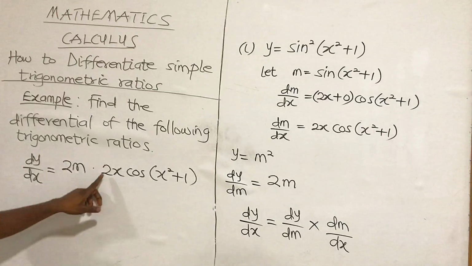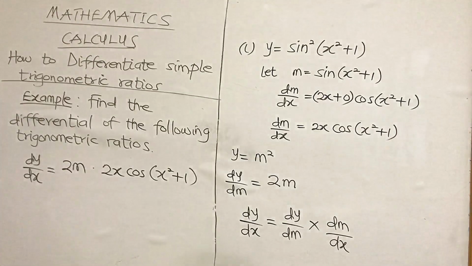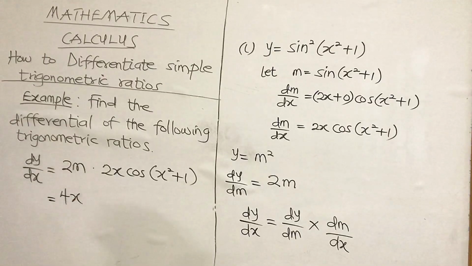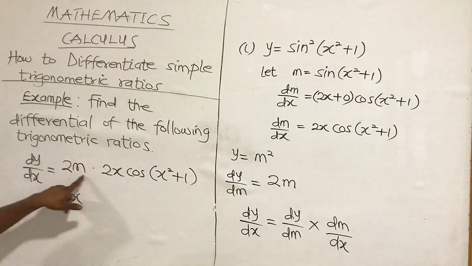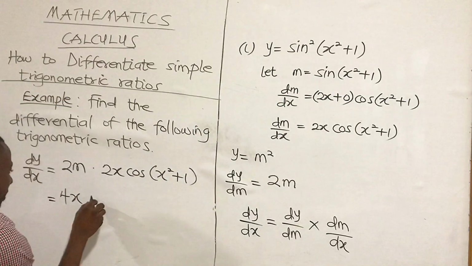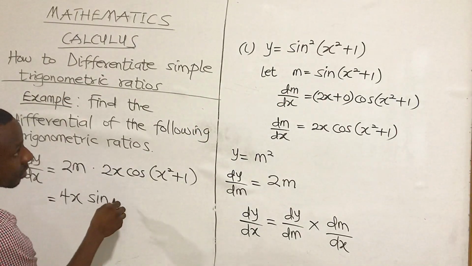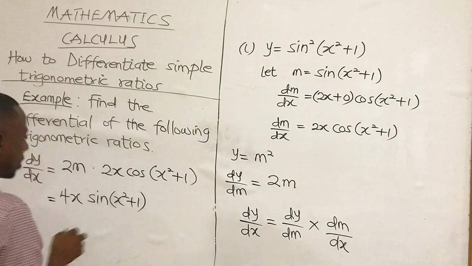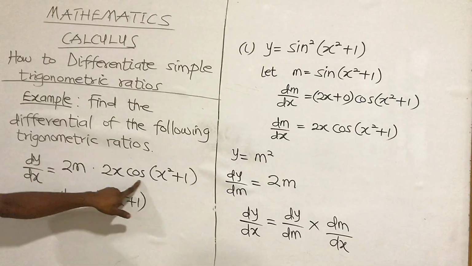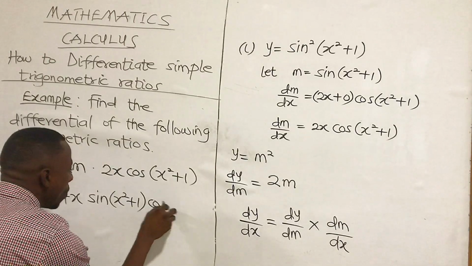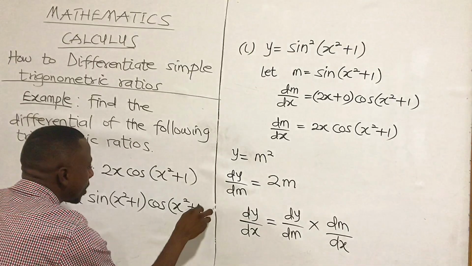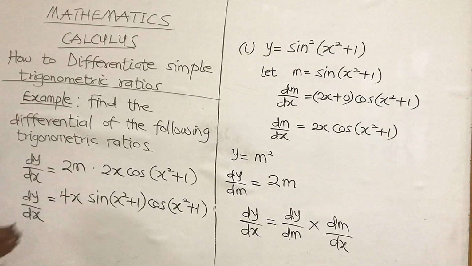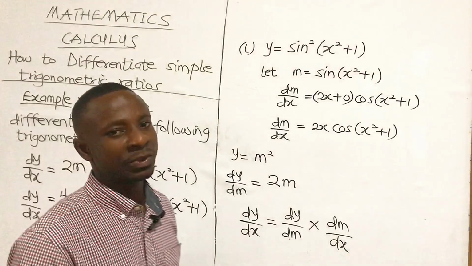But before that, 2x times 2, I am getting 4x, before I multiply by the m, which is sine bracket open x squared plus 1, multiplying the next, which is cos of x squared plus 1. And this is going to be the final answer for this question.